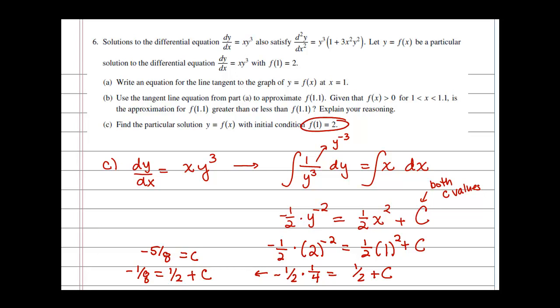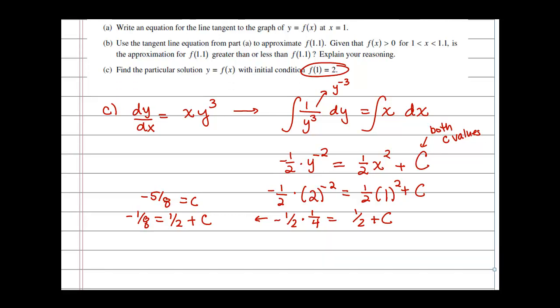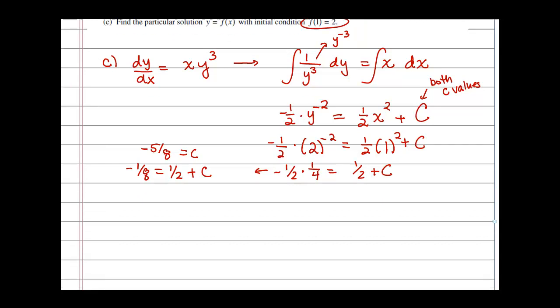Now I'm going to isolate y by itself. So I'll plug in my C value, and I have negative 1/2 times 1 over y squared equals 1/2 x squared minus 5/8.